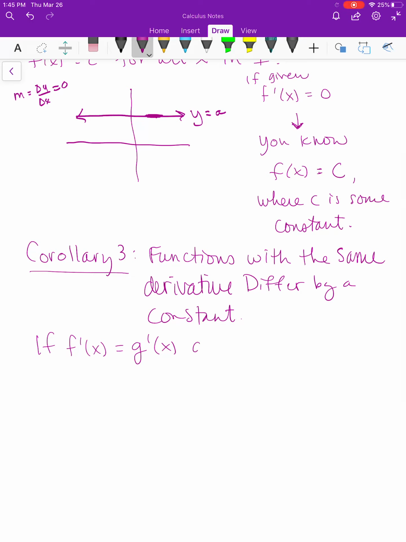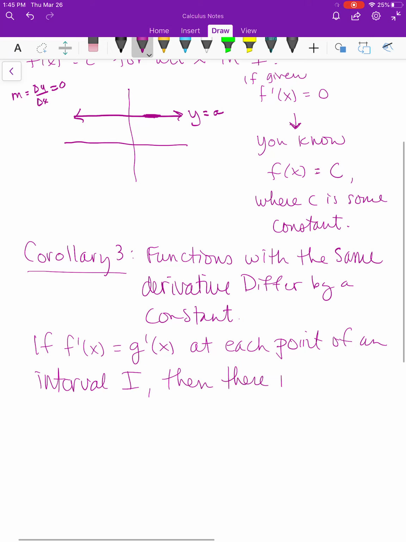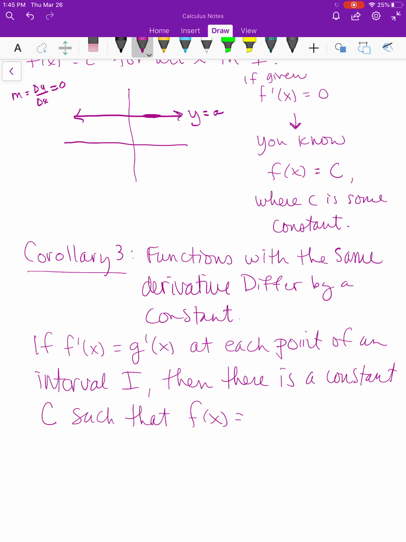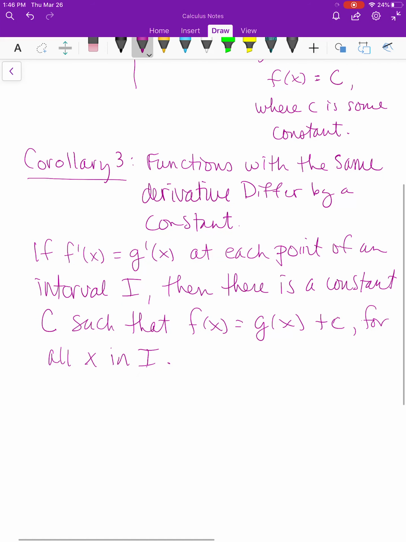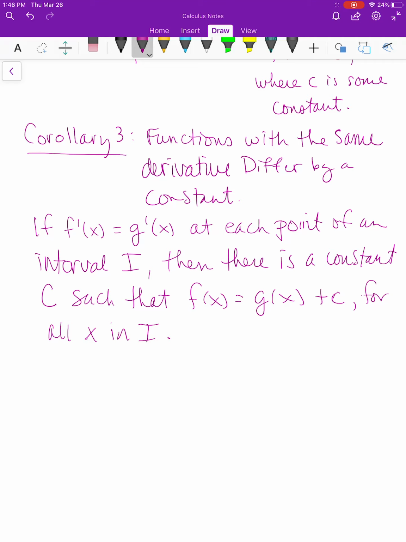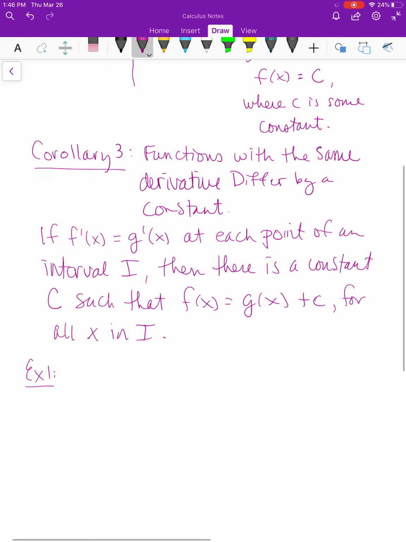And so what that means is if f prime of x equals g prime of x at each point of an interval I, then there is a constant c such that f of x equals g of x plus c for all x in I. Okay, and so that also is something that I'm going to use an example to show you.